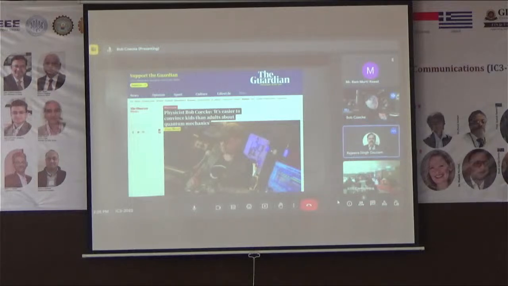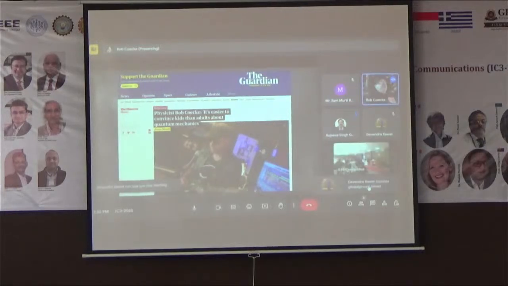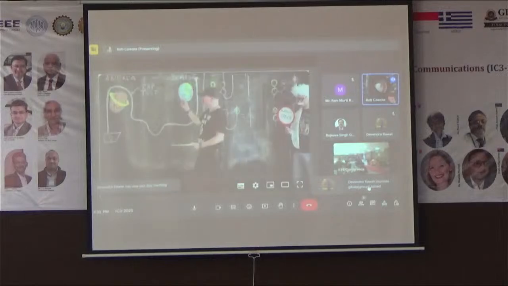What you see here is a statement I made: it's easier to convince kids than adults about quantum mechanics. That's because we showed this in an experiment, which I will now explain. This is the Guardian from December 2023. What was the experiment?